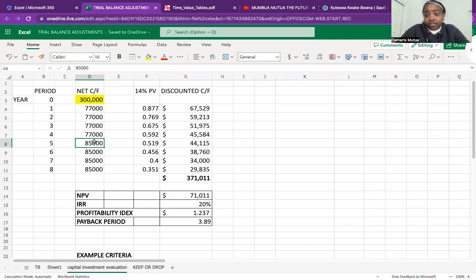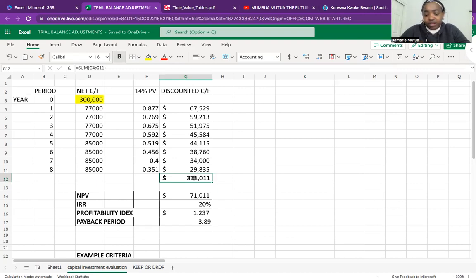So that is how you get your NPV: the present value of the future cash flows minus the initial investment at a 14% discount rate. IRR is a discount rate that equates your present value to the initial investment. So our present value here needs to equal 300,000.